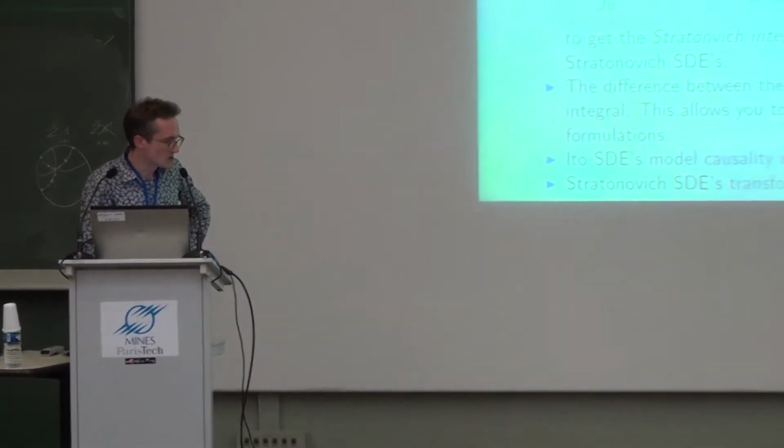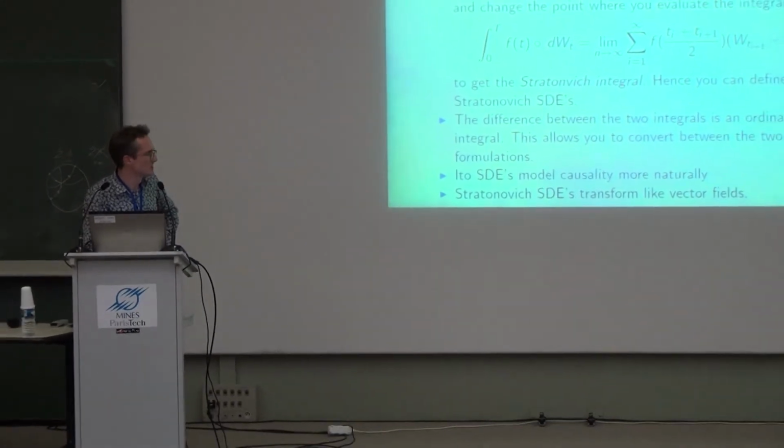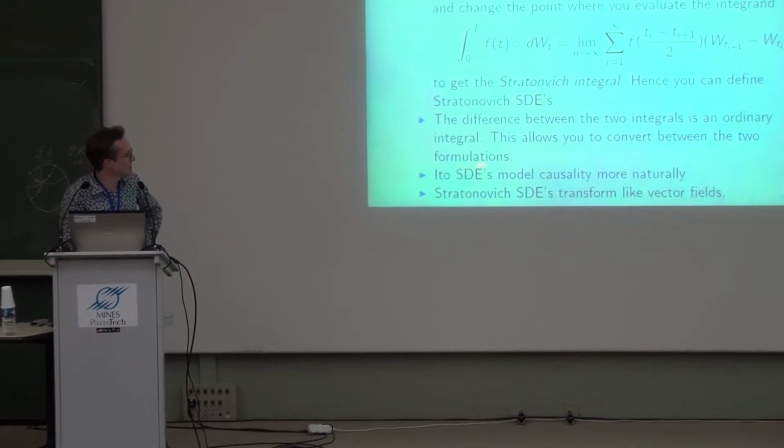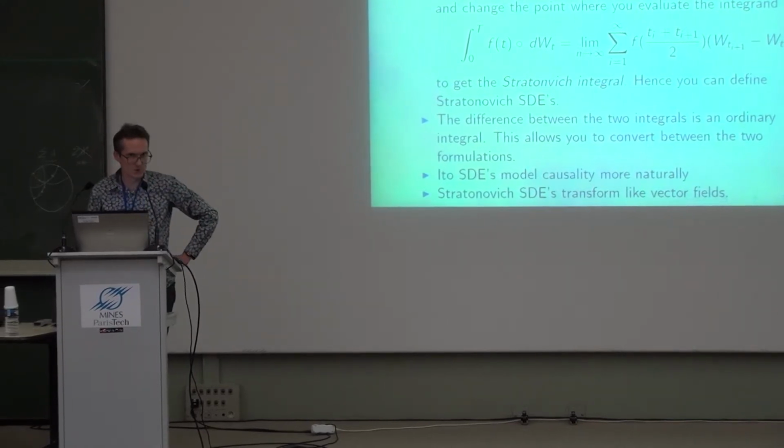The fact that we evaluate the function at the beginning of the interval rather than midway through means it can't use information that occurred later on. Stratonovich equations, on the other hand, transform under a change of variables according to the standard rules of calculus, whereas Ito's differential equations transform according to Ito's rule.